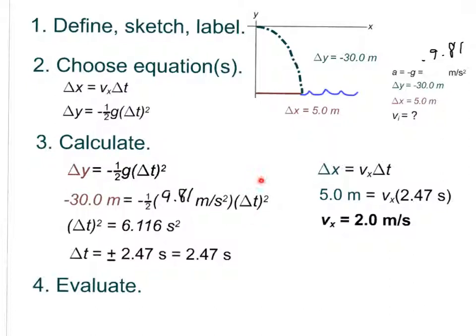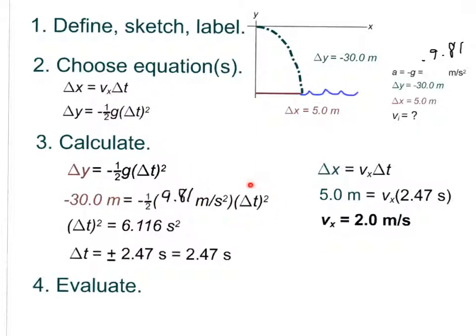I'm doing this kind of backwards for those of you who like to plug things in and then chug away at the algebra with actual numbers instead of variables. You can do it either way. If I multiply both sides by a negative number, both sides become positive, and I multiply both sides by 2. Then after that, I divide both sides by 9.81.